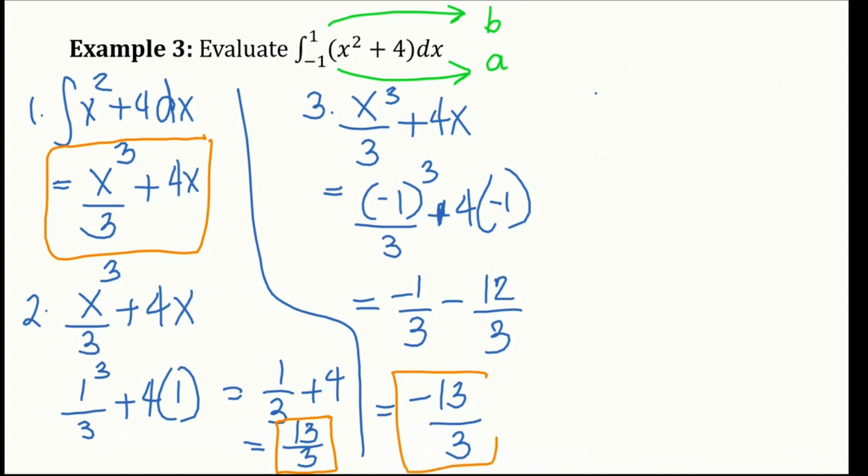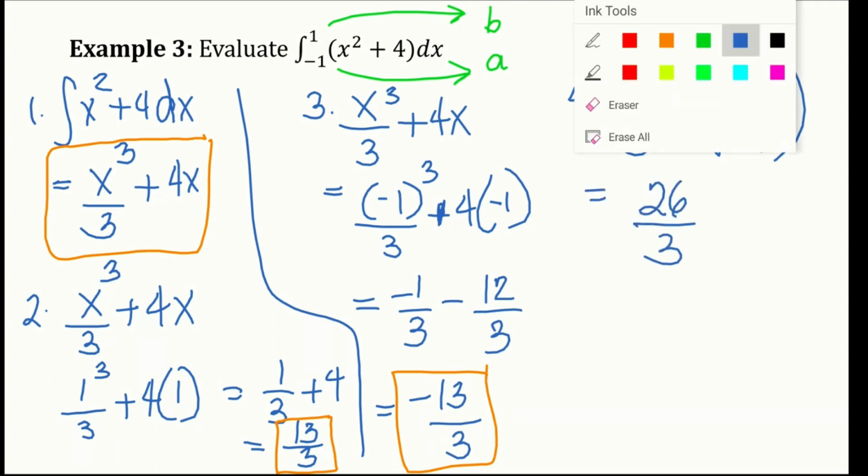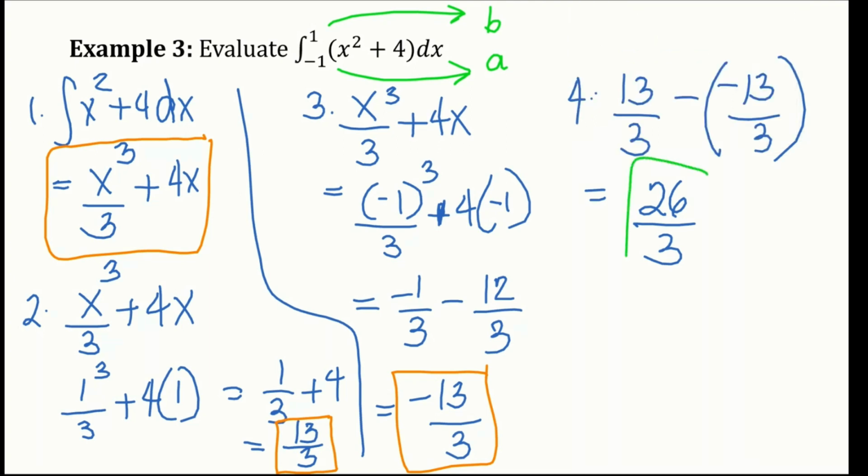So this is our answer for the third step. And let's go to the fourth step, and this time we subtract what we obtained in step 2 by the answer we obtained in step 3. So we have 13 over 3 minus -13 over 3, that is equivalent to 26 over 3. And this is now our final answer.